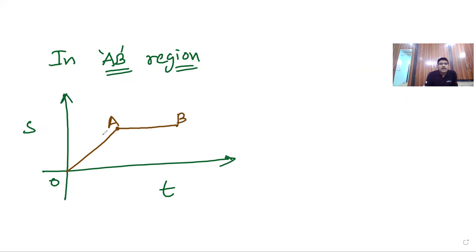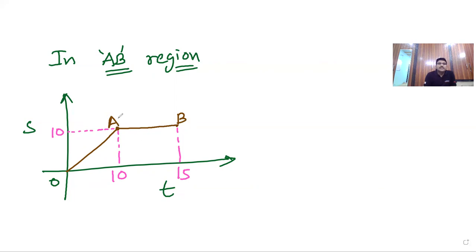Clear? Now coordinates. This is 10 meters on the y-axis. This is 10 seconds on the x-axis. B is intersecting at 15 seconds on the x-axis. Clear? Okay. Now we are concentrating on the AB region.